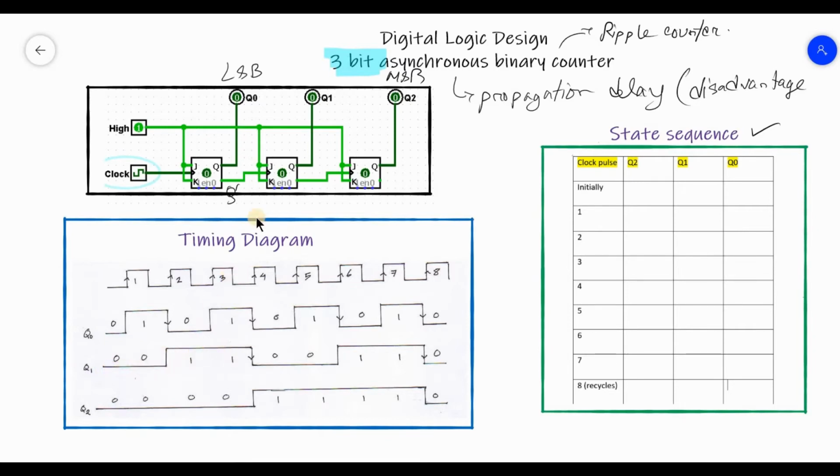It is because the second flip-flop's transition is dependent upon the output of the first flip-flop. It can only be triggered after the first flip-flop gave out its output. So due to this dependency, the clock duration for the second output is delayed.